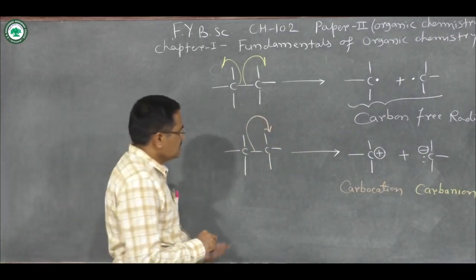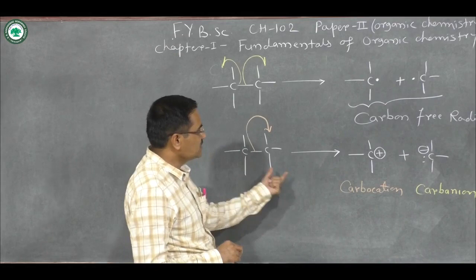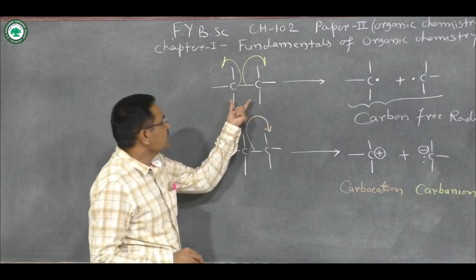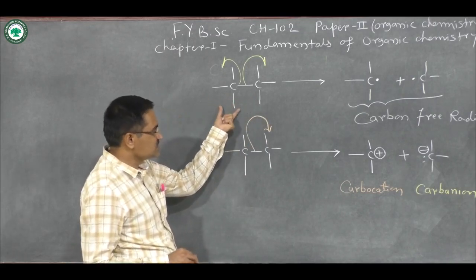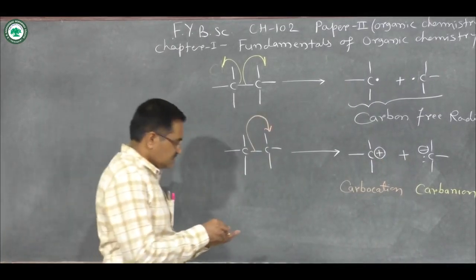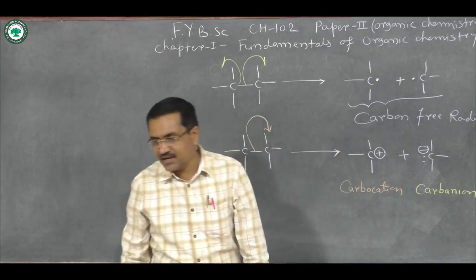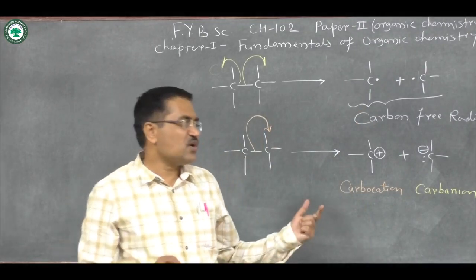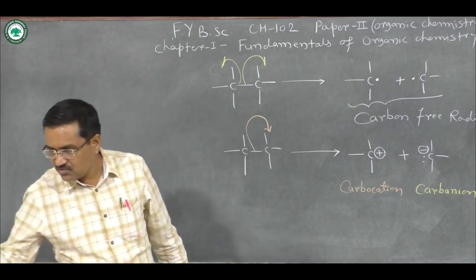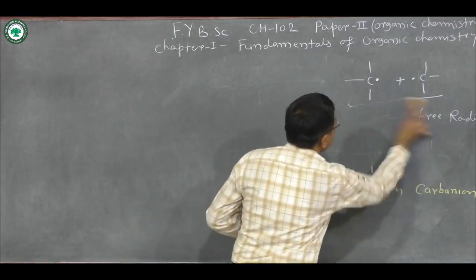Means unequal distribution or heterolysis generates a carbocation and carbanion, but equal distribution or homolysis gives carbon free radical. And generally this carbon free radical and carbocation as well as carbanion are called reaction intermediates.